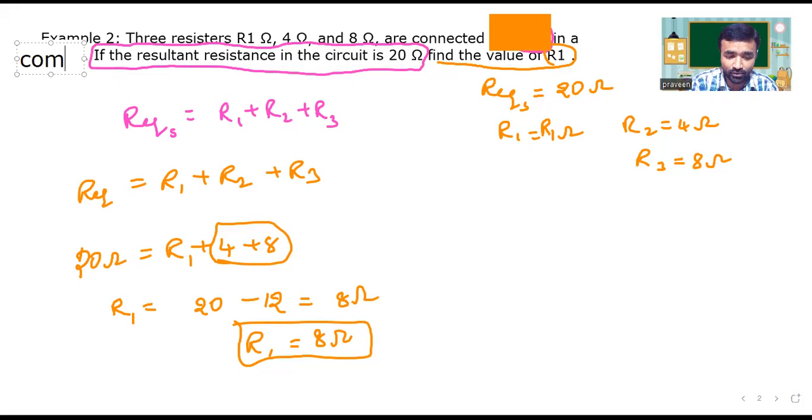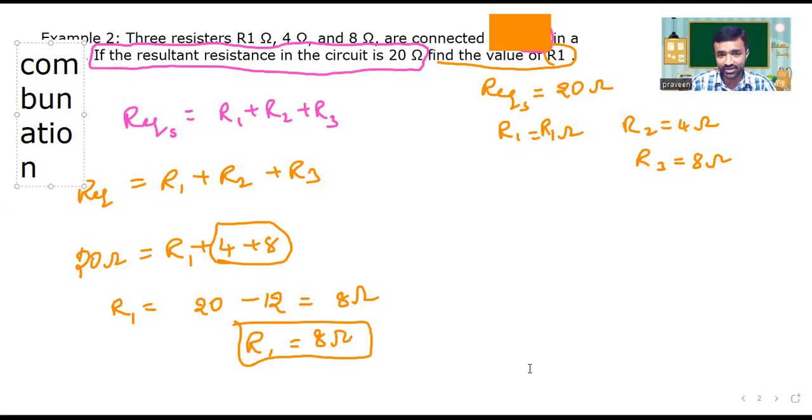Can you identify what combination I followed? What is the logic to find it out?